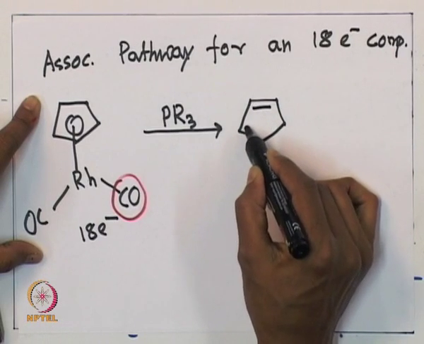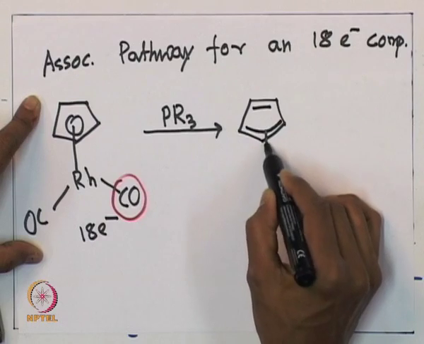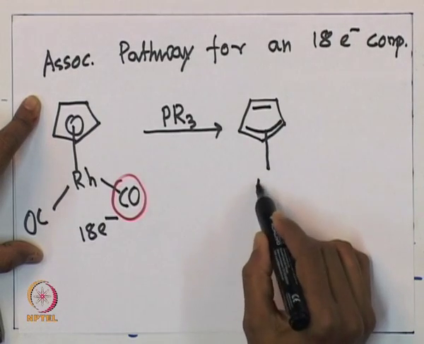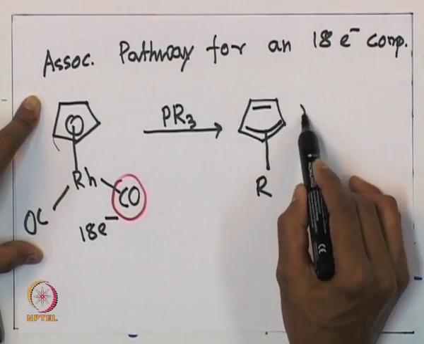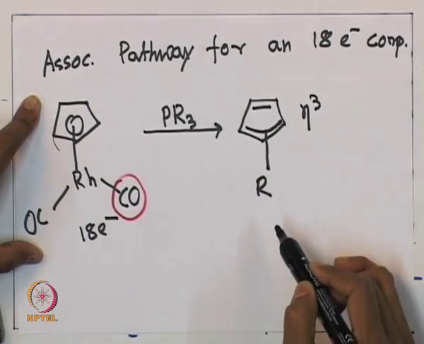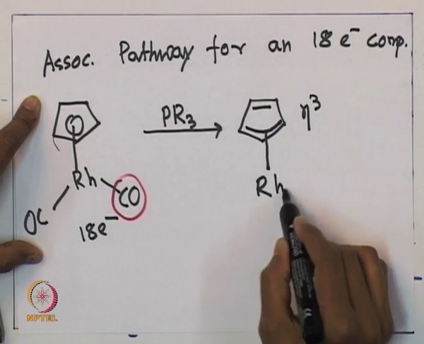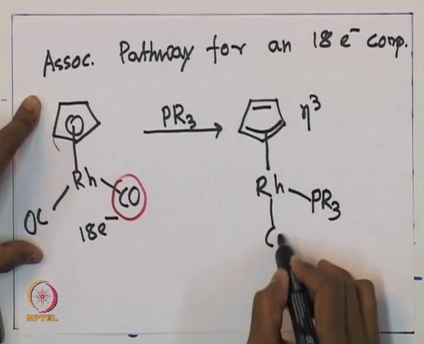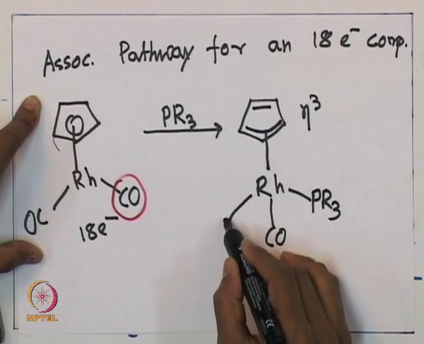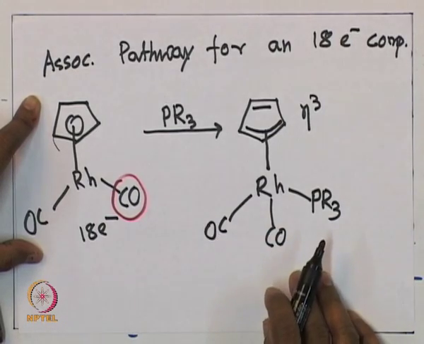This eta 5 complex will undergo ring slip from eta 5 to an eta 3 mode, and you will see PR3 is coordinating with the rhodium complex.